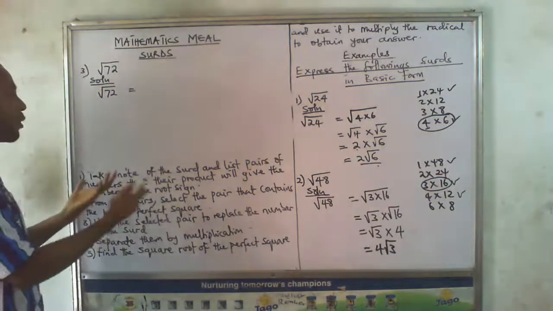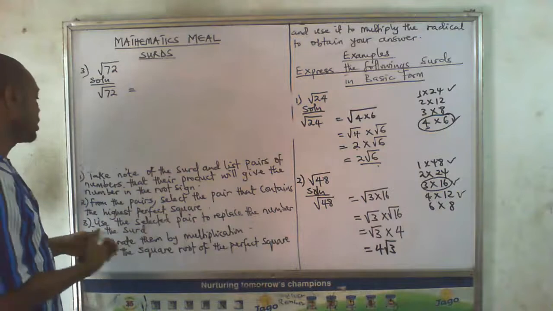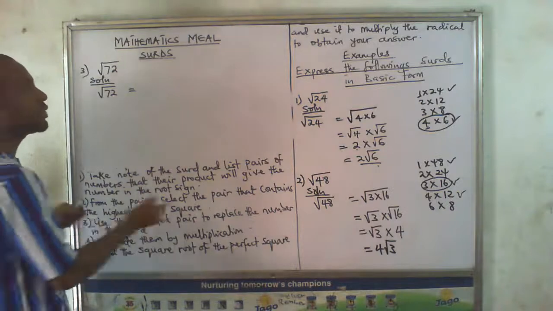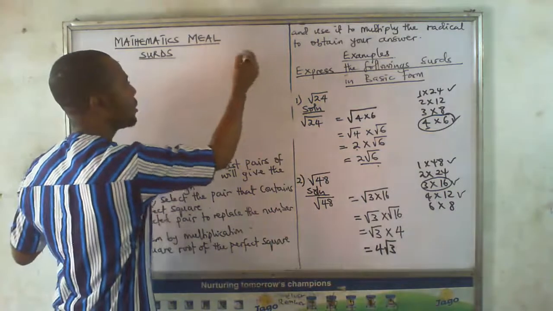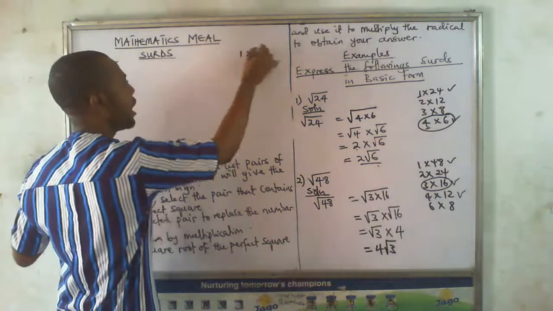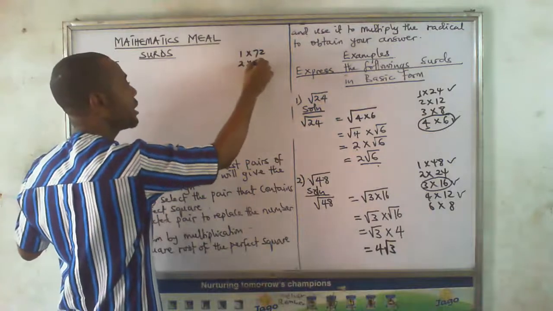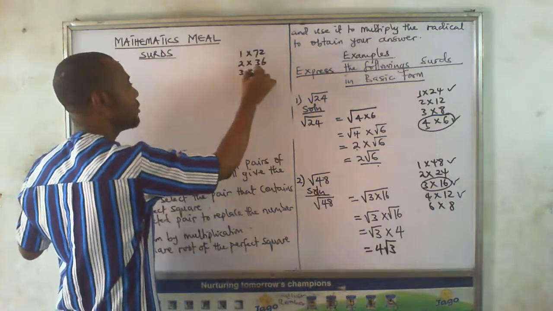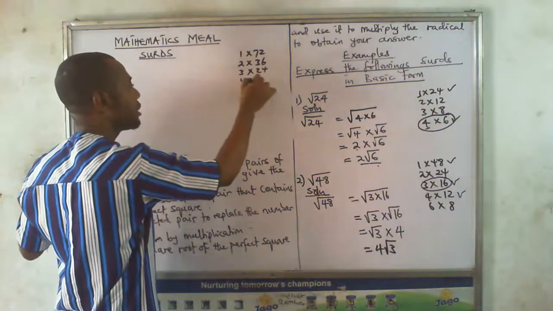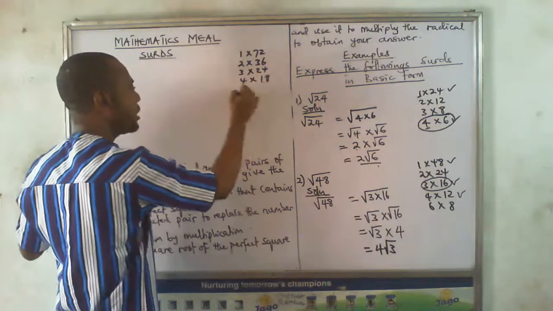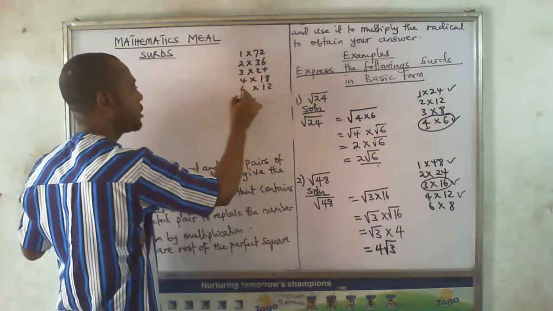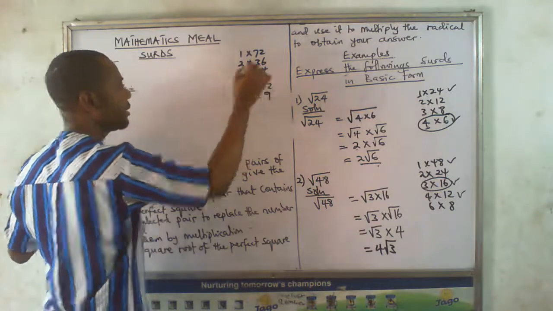And list pairs of numbers that their product will give the number in the root sign. So what are the numbers we multiply to get 72? I know we will not always use this, but let's just be listing them. 2 times 36, 3 times 24, 4 times 18, 6 times 12, 8 times 9.